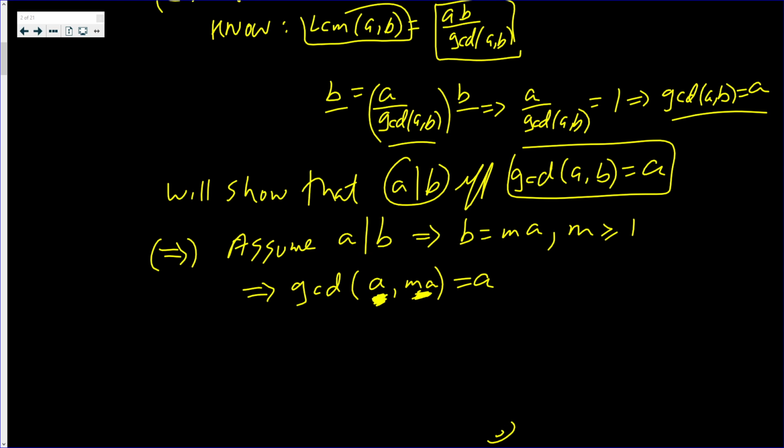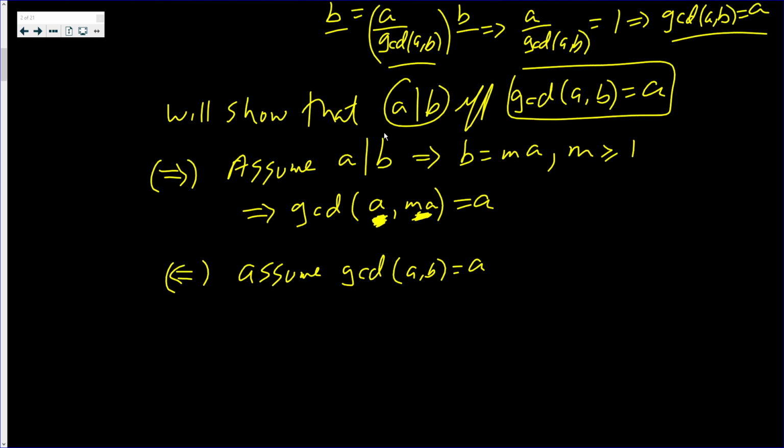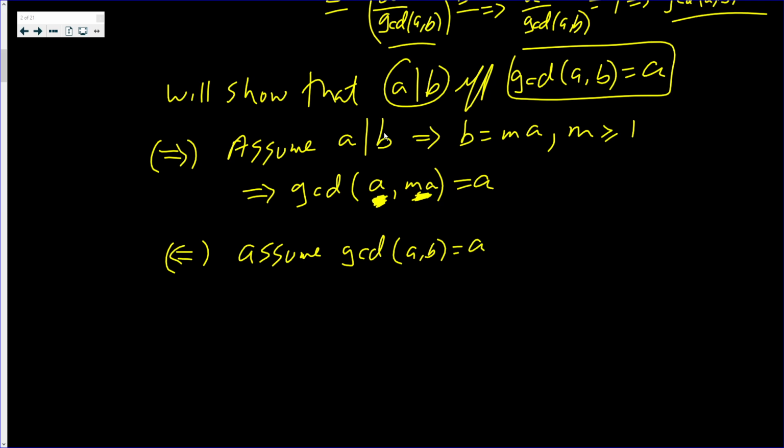Now, we go the other way. If and only if proof. Okay, so we assume that the GCD of a and b is a. Well, that means there exist x and y in the integers such that the GCD, which is a, is a linear combination of a and b.